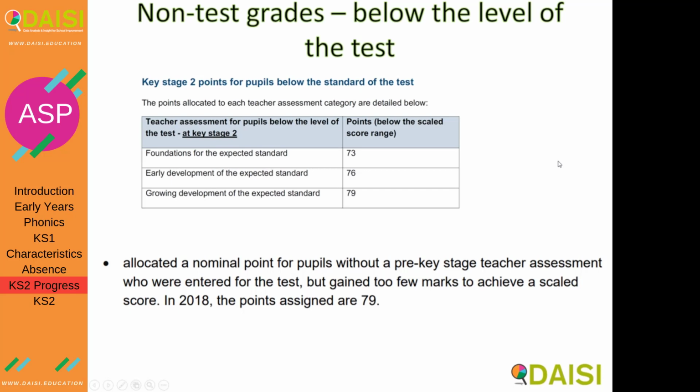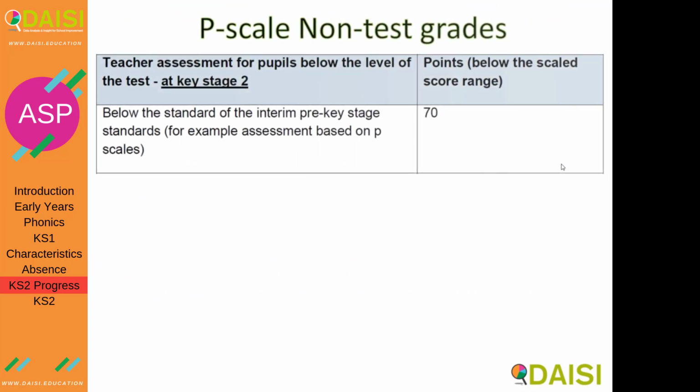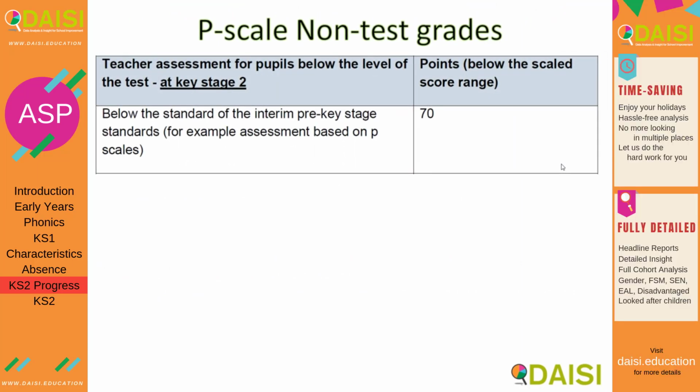Now, this doesn't take into account pupils who aren't even at PKF, who are below the standard of the interim pre-key stage. Well, for those who are below BLW, in 2016 they got a scaled score of 70. This was seen by many to be unfair because the estimated score, the national average, was 78.